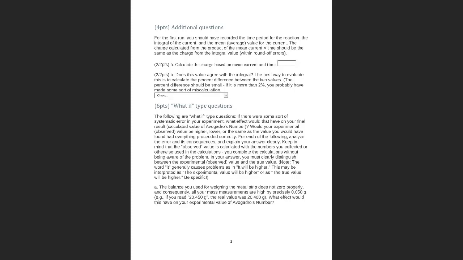And what happened with the next question? Look at B. It says the electrical leads from the constant current system are damaged slightly, leading to a small short circuit that results in 10% of the measured current passing through the short circuit without going through the metal strips.